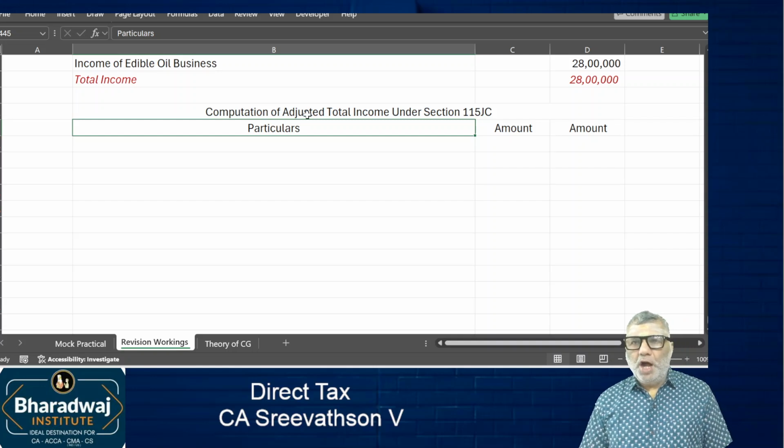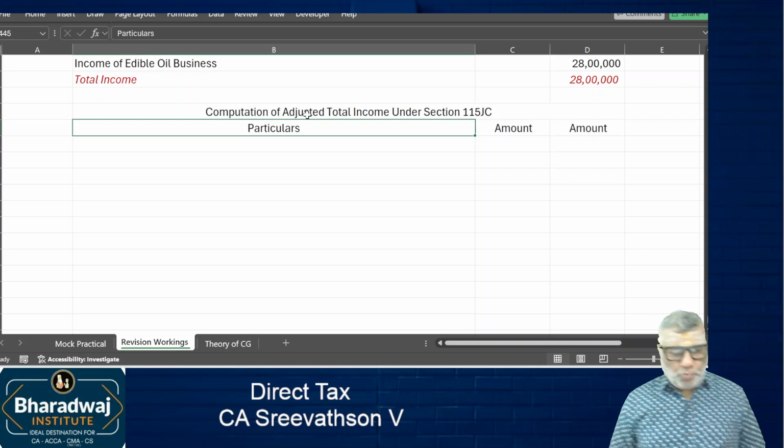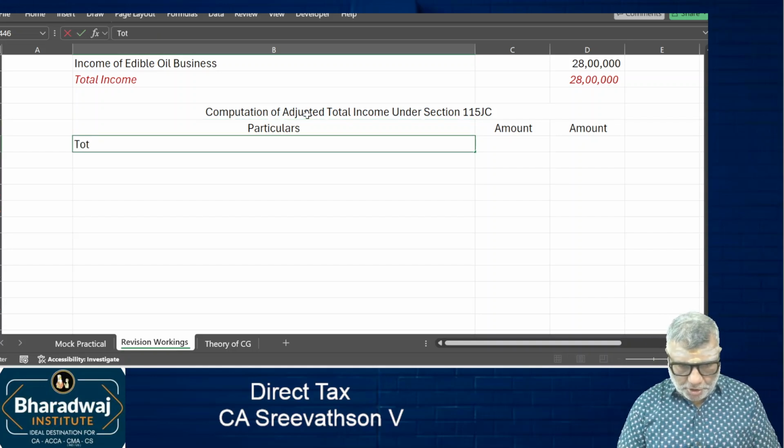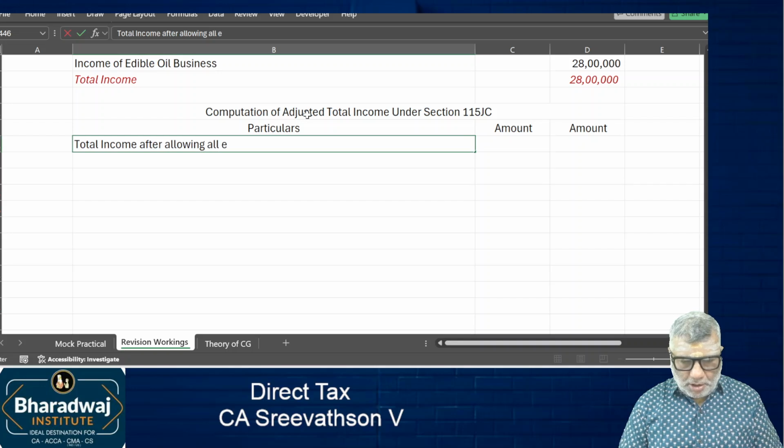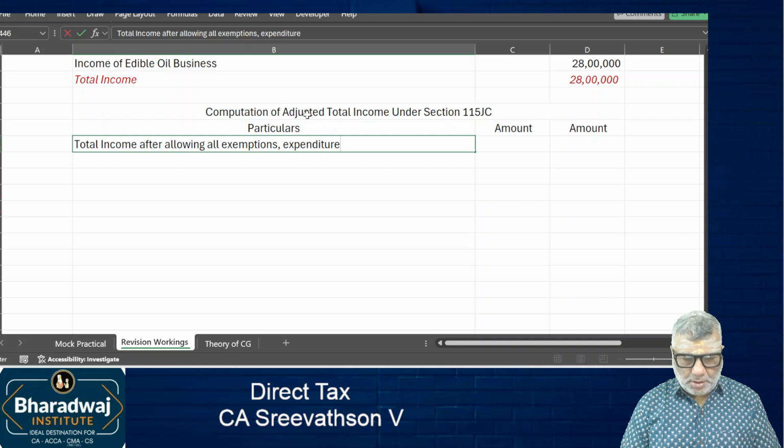Total income after allowing all exemptions, expenditures, and deductions.